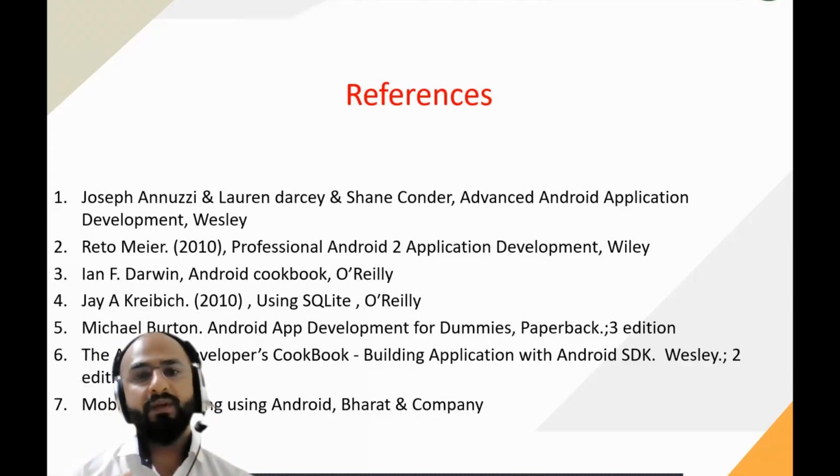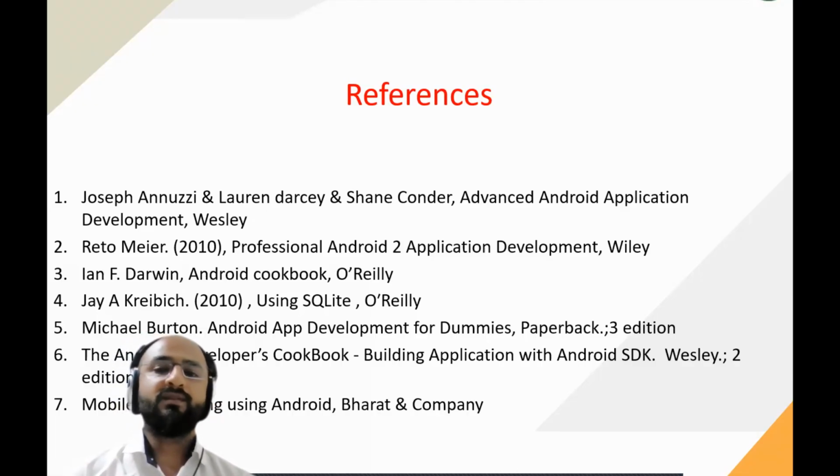Properties of text view, properties of edit text, properties of button, properties of image button. Then there is a listener: listener for text view, listener for edit text, listener for button, listener for image button. And there are some methods also for text view, edit text, button, and image button. So these are the 4 widgets that we have completed in this lecture.